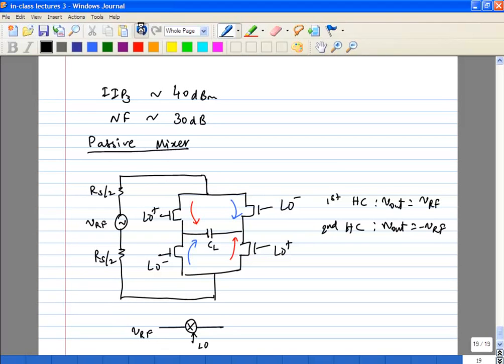Or rather, let's do it this way. It's switching between plus or minus 1. So it's as if you are multiplying your RF with a signum function at the rate TLO.